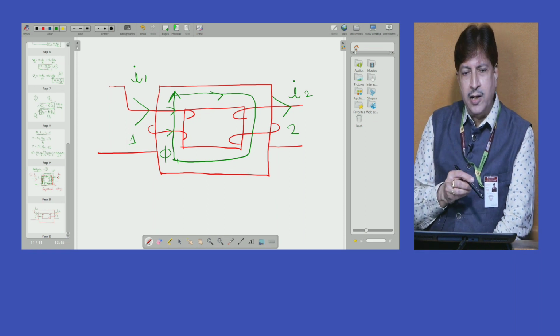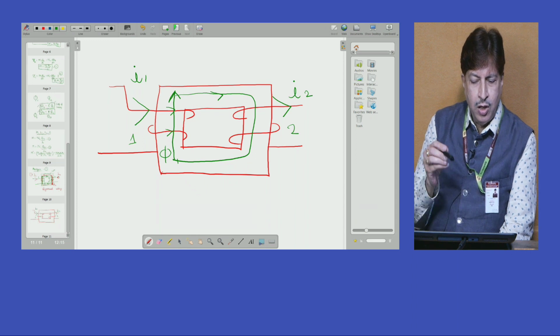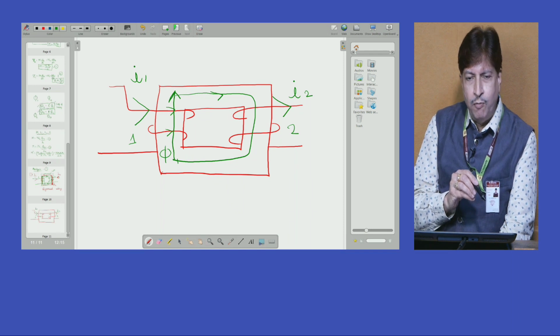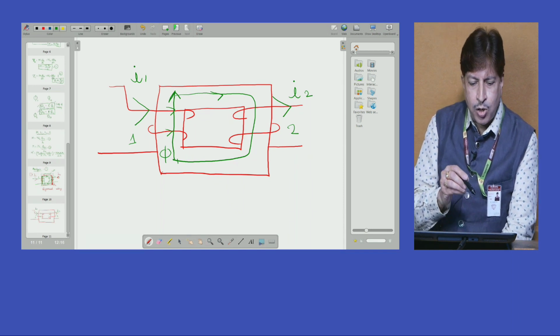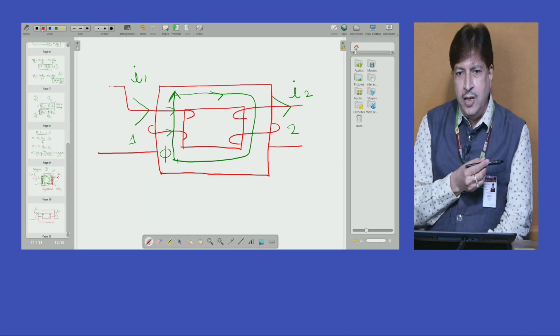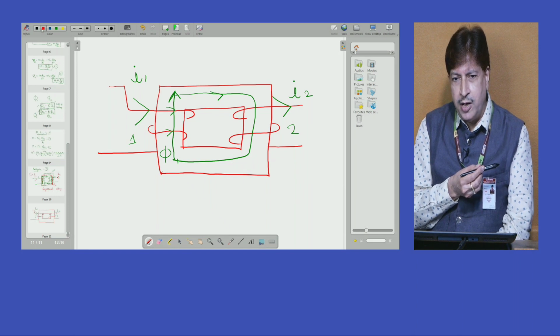Now let us take coil number 2. Coil number 2 current is like this. So when you take coil number 2 in your right hand, what is the direction of the projected thumb?